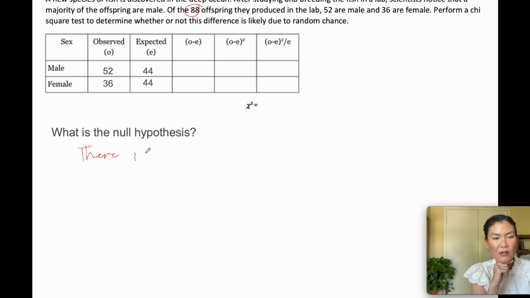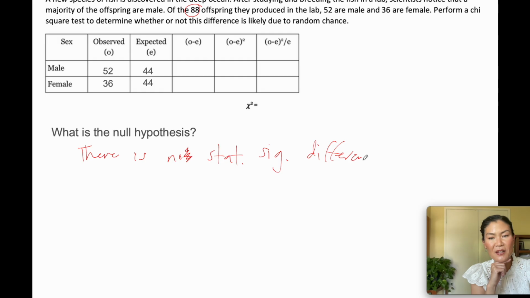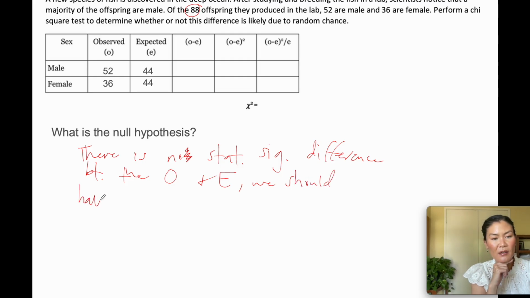There is no statistical significant difference, okay, between the observed and expected. Okay, we should have half male and half female.